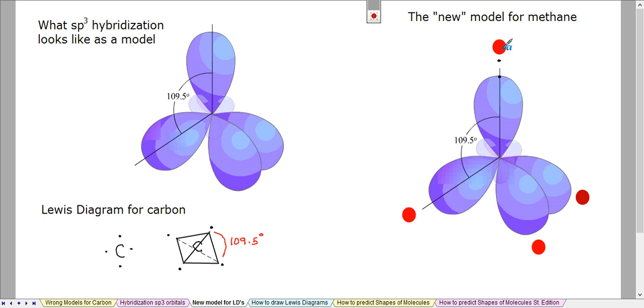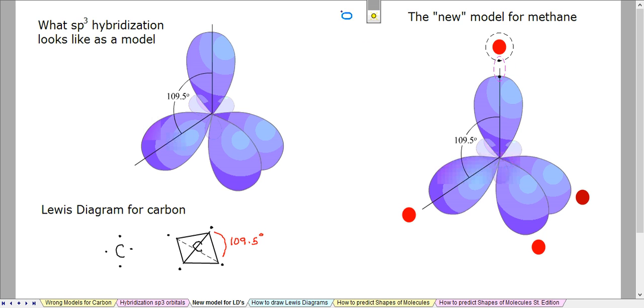Hydrogen's electron, of course, would still be in the s orbital, so I'll quickly draw that in so you can see what it looks like. It still can make that bond here, which is what we're seeing. I'll just highlight the bond between hydrogen's electron and one of carbon's electrons.